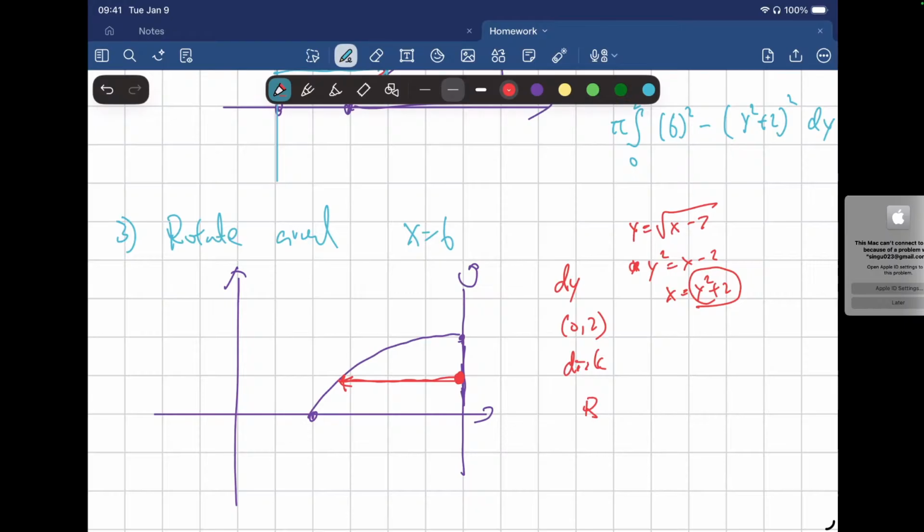Remember, the function is from the axis to the curve, and here what we want is from the axis of rotation to the curve. They are fundamentally different. This is y squared plus 2, but it's not the red line, because I'm interested in the red line, but I only have a blue line, which represents a function. So how do I get a red line?